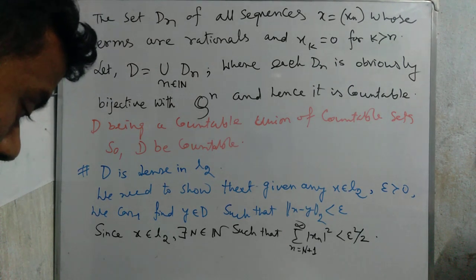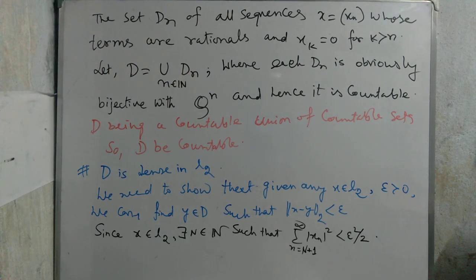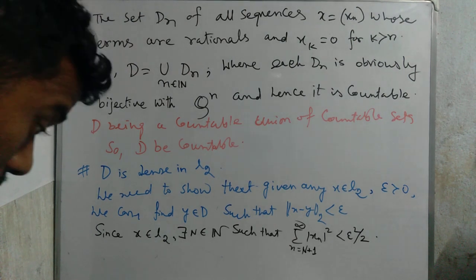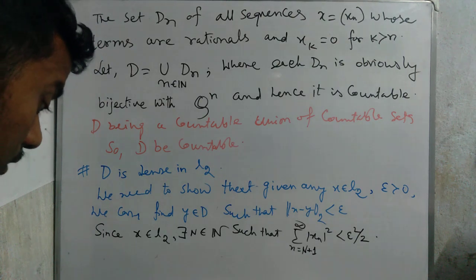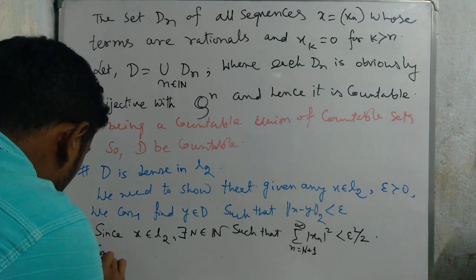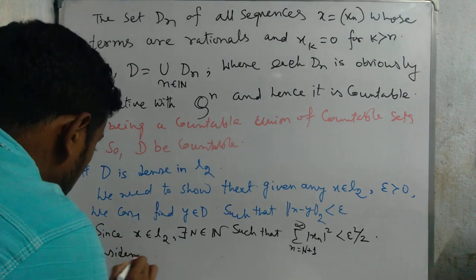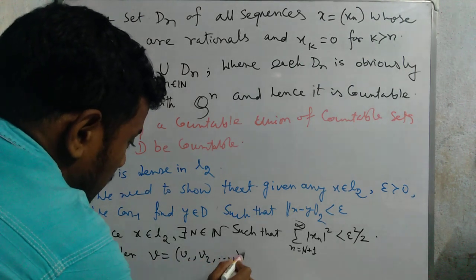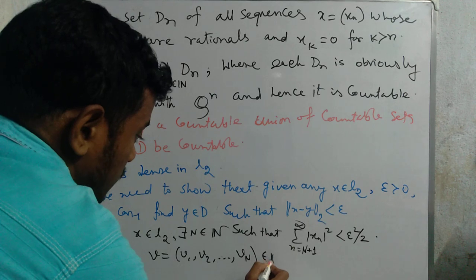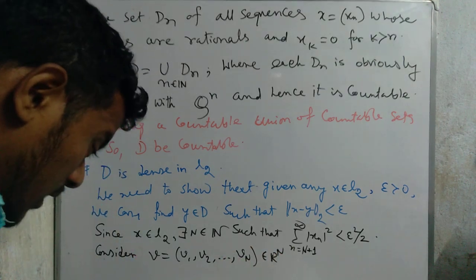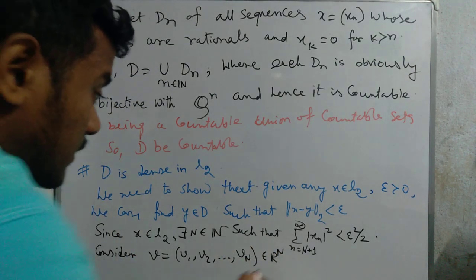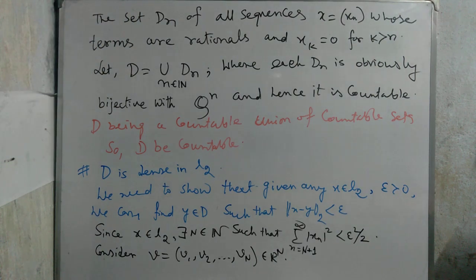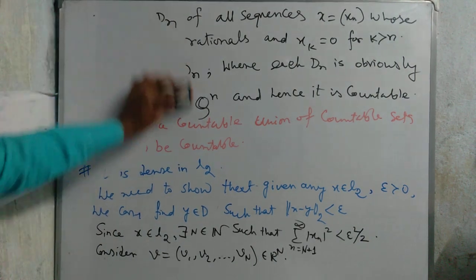Then we also consider v equal to (v1, v2, ..., vn) belonging to Rn.